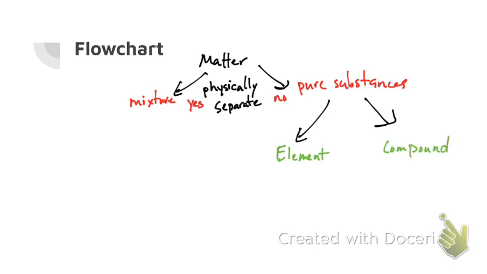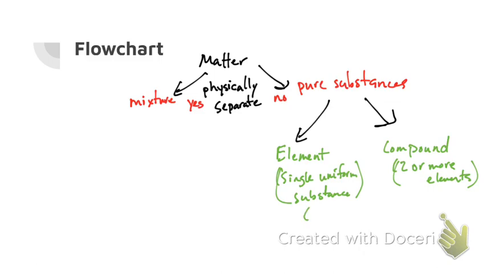A compound has two or more elements bonded, whereas an element is single. It's a single uniform substance. It can't be broken down further.